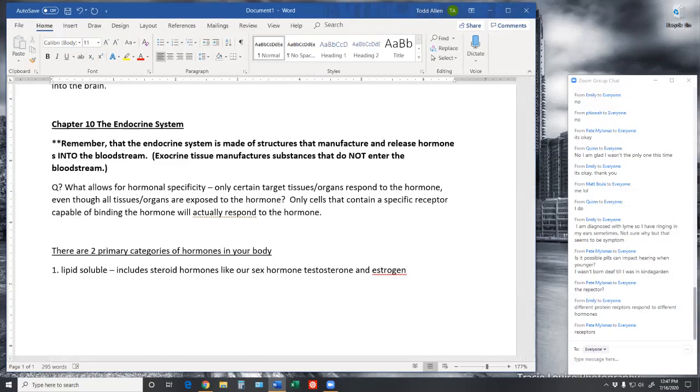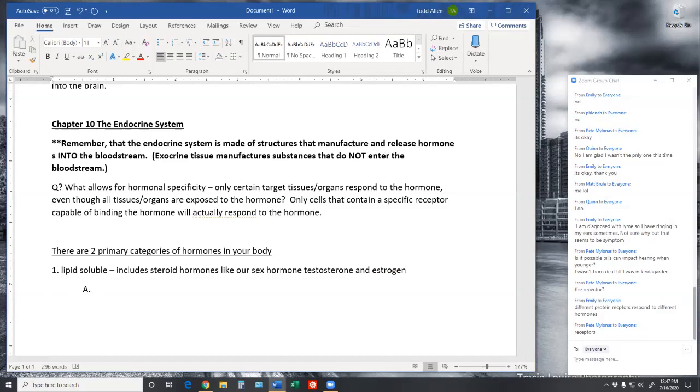And that's extremely important because the steroid hormones have a chemical compatibility with the phospholipids of the plasma membrane, meaning that the lipid-soluble hormones can actually travel from your bloodstream across the plasma membrane of a cell and enter the cytoplasm of the cell. So that's a unique feature of lipid-soluble hormones.